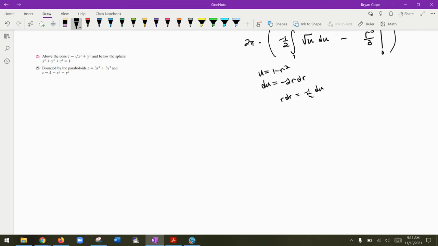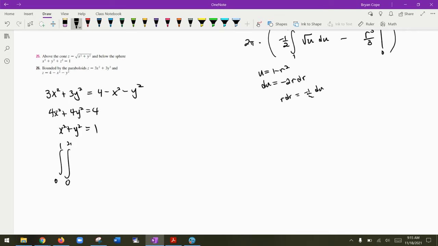So let's say we've got 3x squared plus 3y squared equals 4 minus x squared minus y squared. So this is our intersection. It's a circle of radius 1. So that's nice and convenient. So we're going to have the integral from 0 to 1 and 0 to 2 pi.